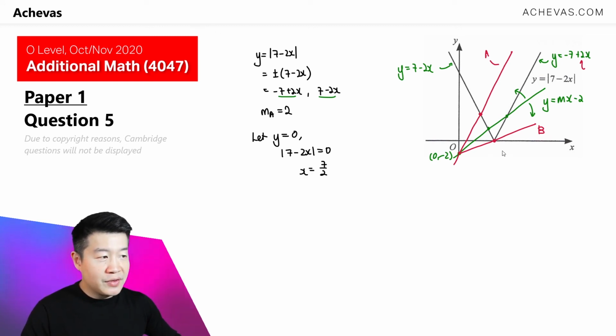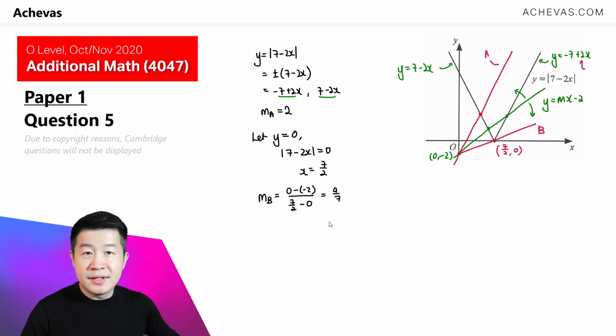So the coordinates of this point here is (7/2, 0). And let's find the gradient of this line B. So the gradient of this will be 0 minus minus 2, so 0 minus minus 2 divided by the x coordinate, which is 7 over 2 minus 0. And this gives us 4 over 7.